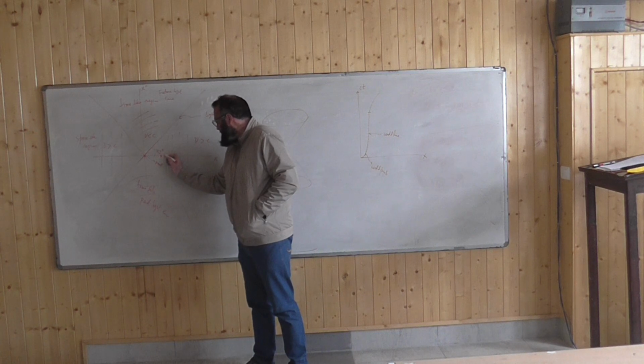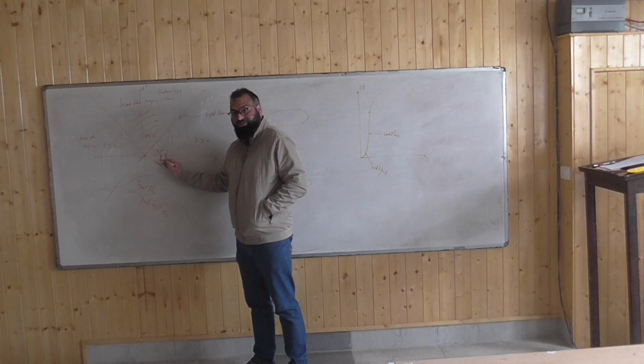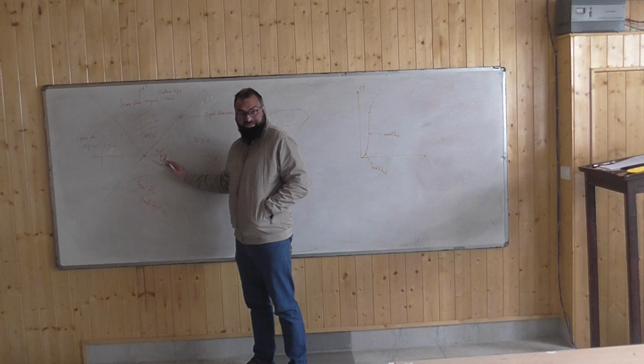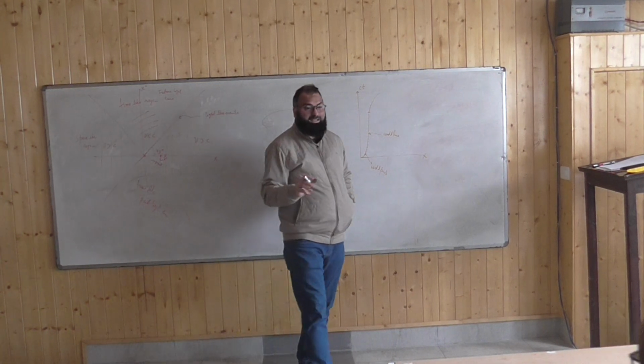Let's say you have this event, and an observer here tries to send a signal to this point. How much velocity does it require? That is not possible. So all these events are causally disconnected.